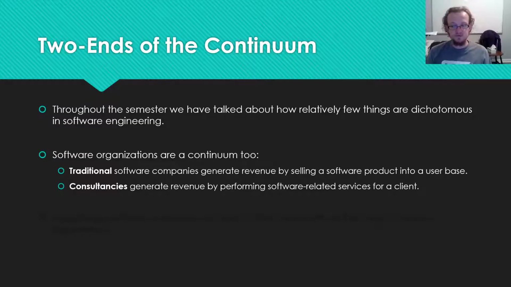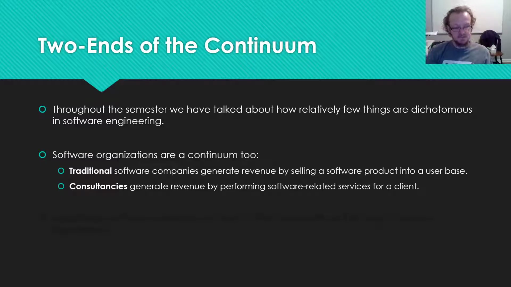These usually perform software-related services, such as customizations, which we'll talk about in just a moment, or specific tasks for government agencies. They either charge a flat fee for that work or a billable rate per hour. A consultancy is much closer to a contractor building a house than a traditional concept of a software company.